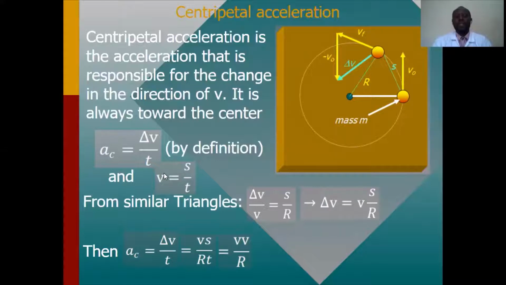So the centripetal acceleration will be the linear velocity v times linear velocity divided by radius. And finally, the centripetal acceleration is equivalent to the linear velocity squared divided by radius.